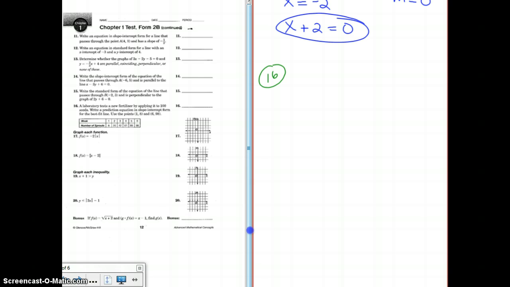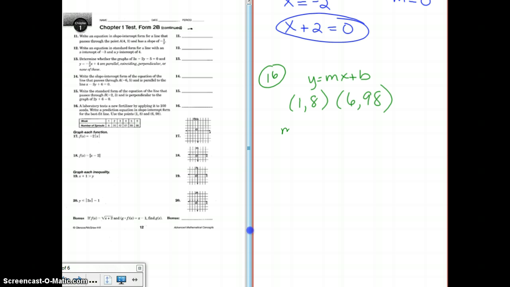Number 16, a laboratory tests a new fertilizer by applying it to 100 seeds. Write a prediction equation in slope-intercept form for the line of best fit. We don't have to do the line of best fit. We just want to write an equation in slope-intercept form, y equals mx plus b, for the points (1, 8) and (6, 98).